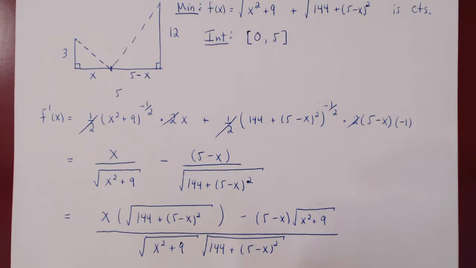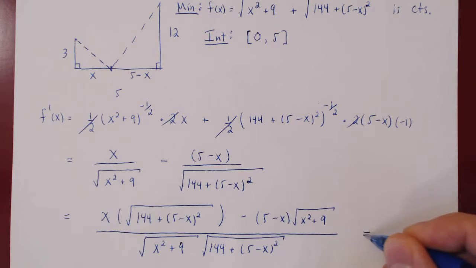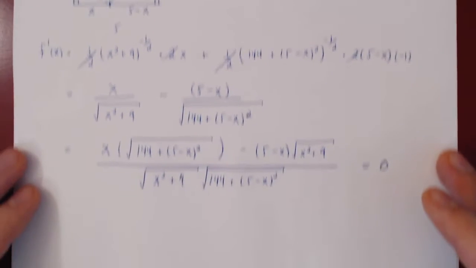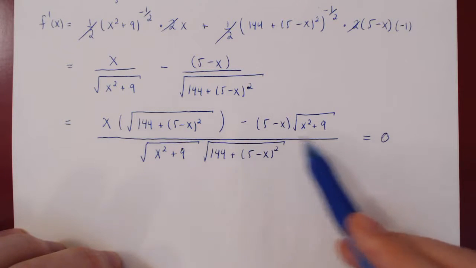And why did I do this? Well, we're looking for our critical points where the derivative will be equal to 0. And of course, if a fraction is equal to 0, the only way for this to be possible is if the numerator is equal to 0. So, this minus this equals 0.